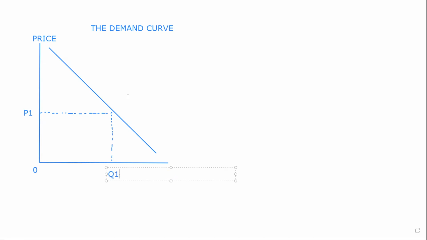All right? Okay. But if price increases, let's say from P1, from $5 to P2, and you should have that common sense where to show an increase, it's going to go from here to P2. All right? The price increased, P1 to P2.